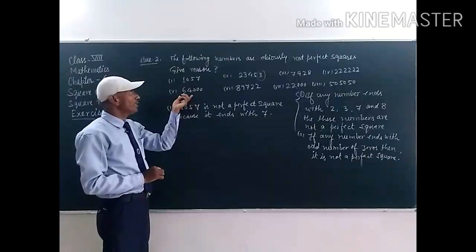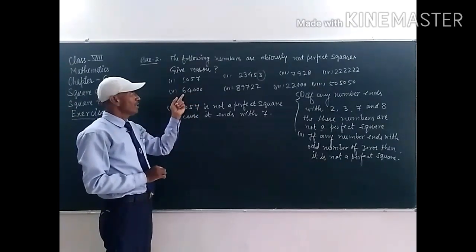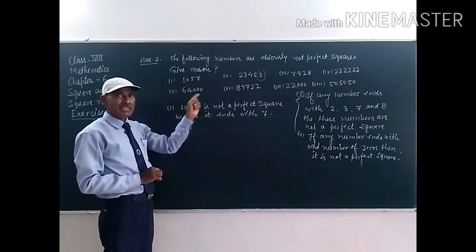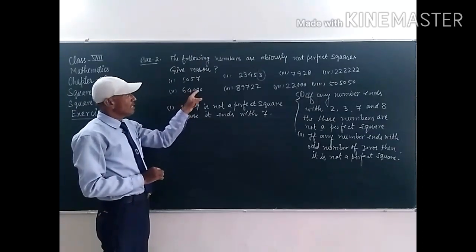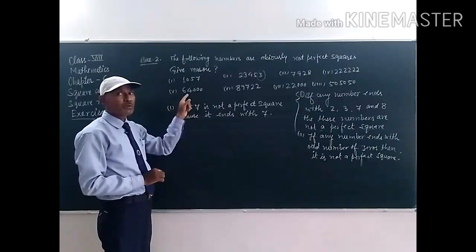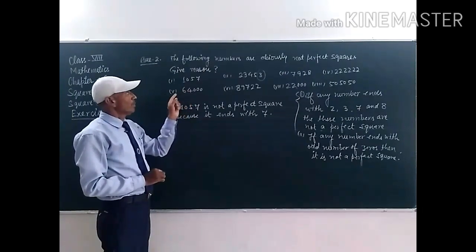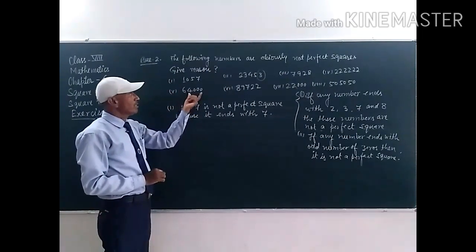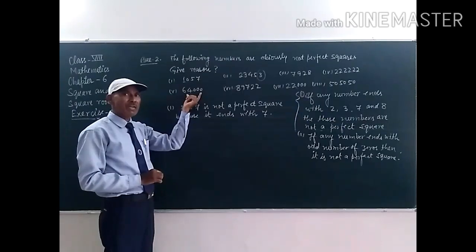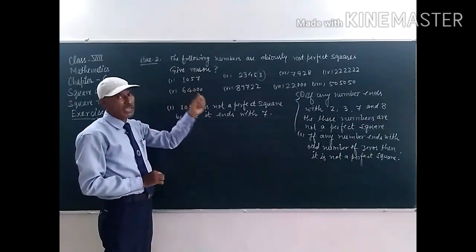And in this, student, in this number 64 followed by 3 zeros, 0 is in odd numbers, therefore it is not a perfect square number. For a perfect square number, zeros should be in even numbers or zeros should be in pairs.